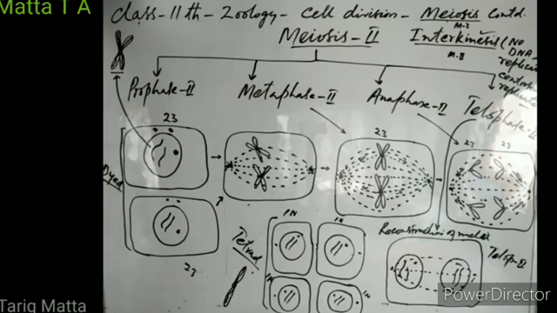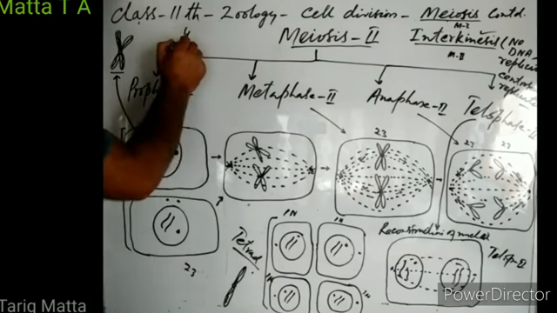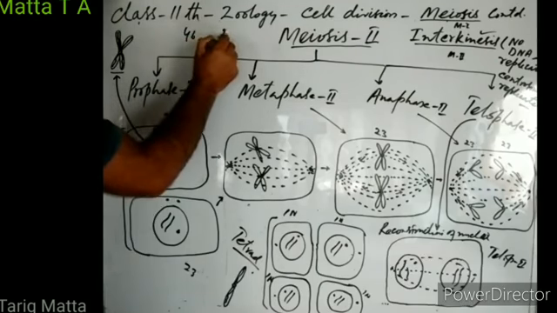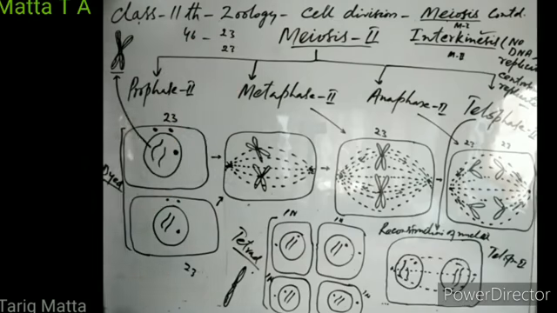When the chromosome number is reduced to half in meiosis first, then what was the need of meiosis second? In meiosis first, the chromosome number is reduced to half. From 46 chromosomes, daughter cells with 23 chromosomes and 23 chromosomes are produced. But in those 23 chromosomes, each cell has double DNA content.